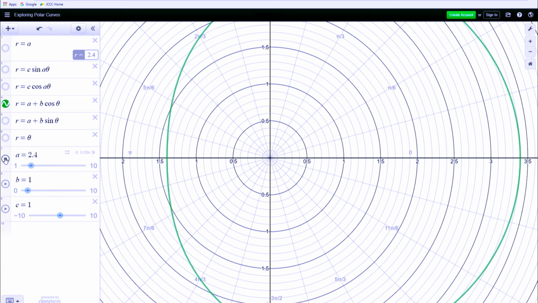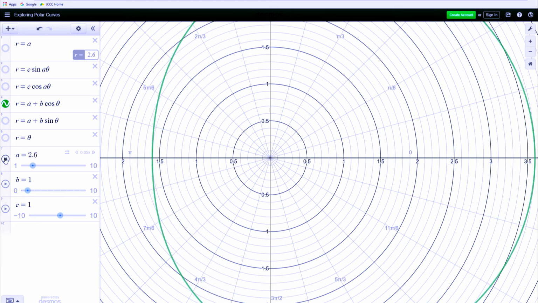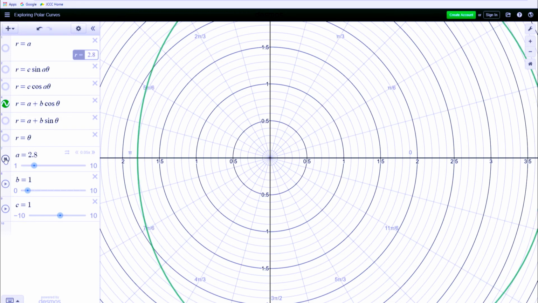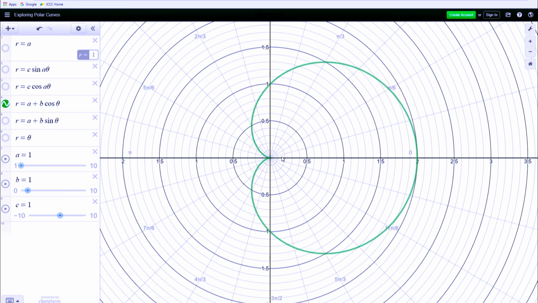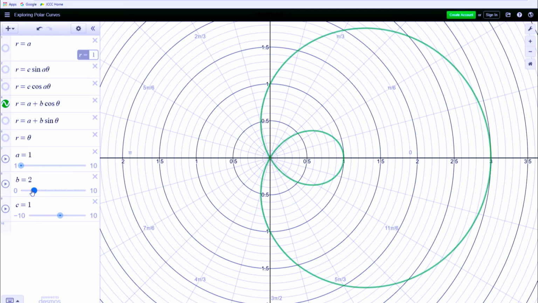So where we are there at pi gets larger and larger. But at 1, it comes in and is able to touch the origin. Now, if this is less than this number, let's move b up to 2. So now we're looking at an a of 1 and a b of 2.